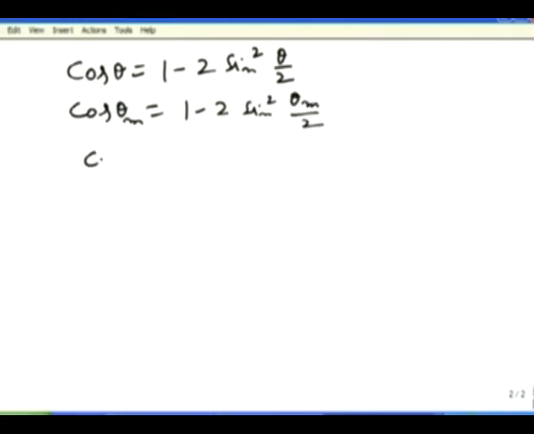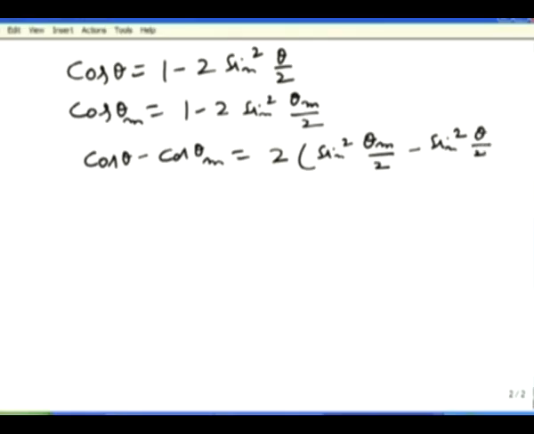Therefore, cos theta minus cos theta m actually becomes 2 times sin square theta m by 2 minus sin square theta by 2.